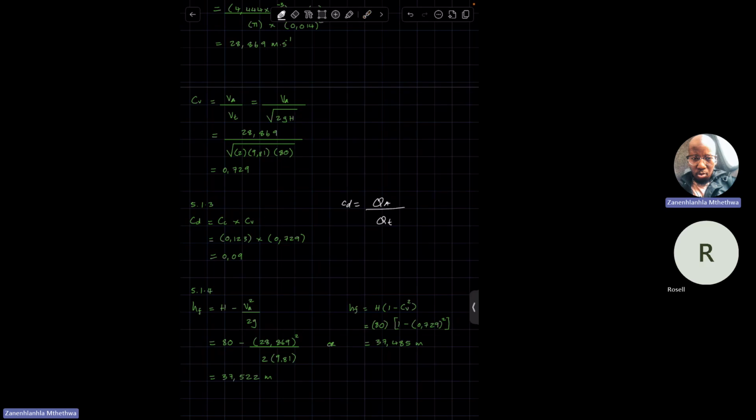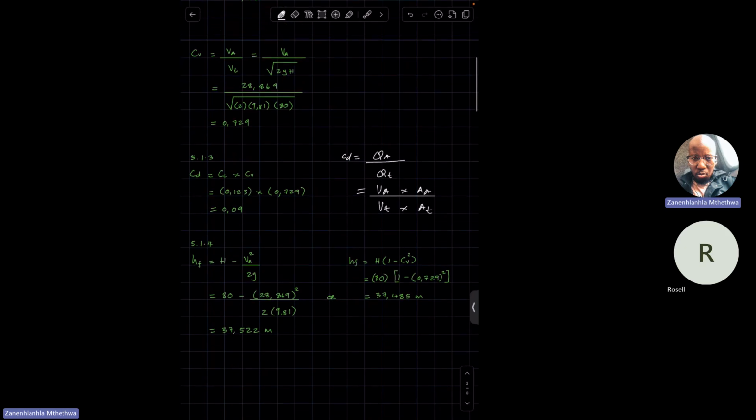And how that formula comes about is, now we know that QA is equal to VA times the actual area, and then the theoretical discharge is equal to the theoretical velocity times the theoretical area, right?